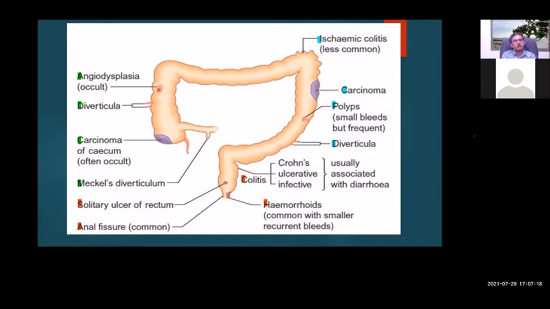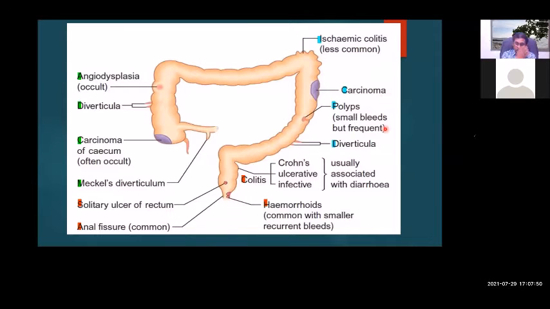These include angiodysplasia in the right or ascending colon, diverticular disease, which is not so common, carcinoma of the cecum, which often presents as occult blood, and Meckel's diverticulum from the terminal ileum, which is more common in children and young adults as a source of lower GI bleed.